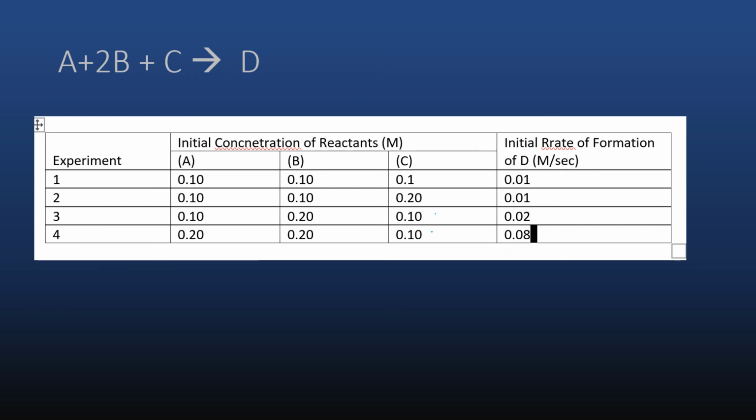So we're going to look at this one for A. As we doubled our concentration, our reaction rate quadrupled. So that means A is a second order.